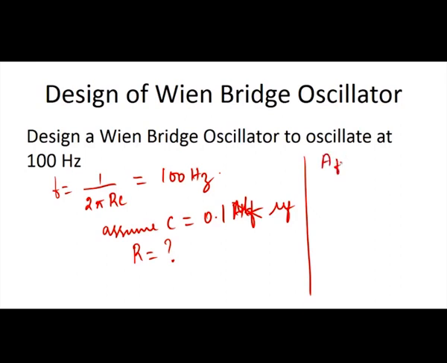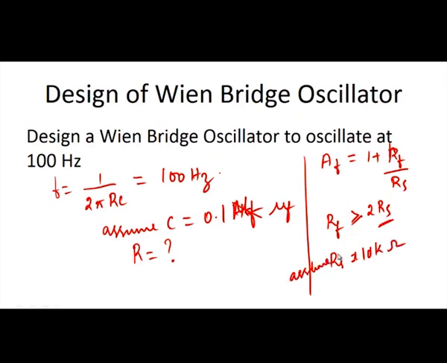So, AF is 1 plus Rf by Rs, which we have calculated as Rf greater than or equal to 2 times Rs. Now, you assume this Rs as 10 kilo ohms.